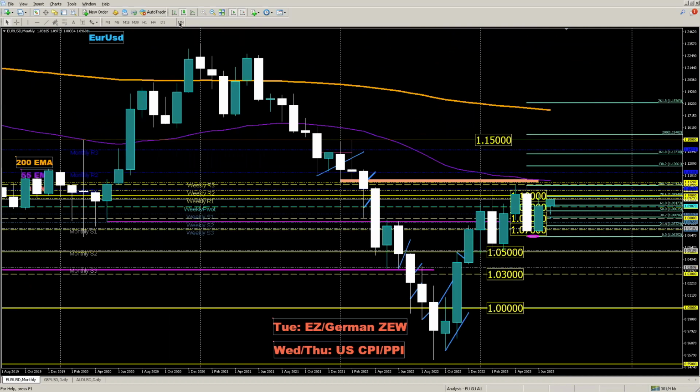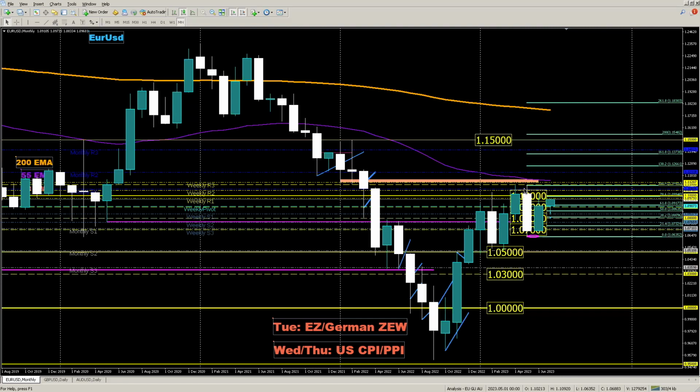And starting the new month, the previous month could be seen as a bullish move, trying to recover back from the previous month's bearish candle here.